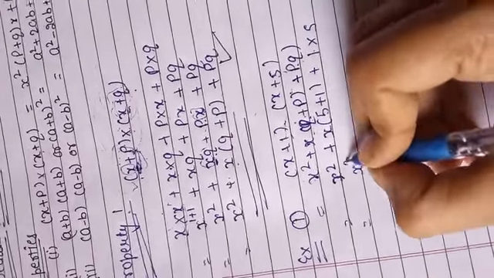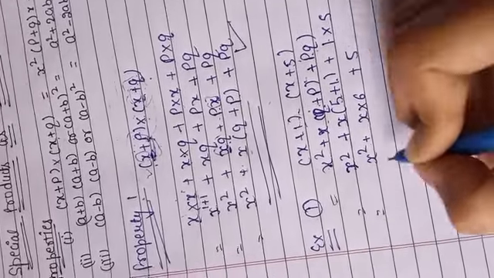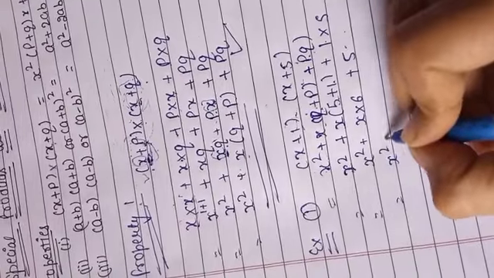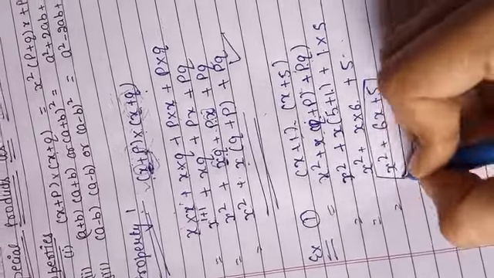So here we have x square plus x multiply 6, plus 5. So it becomes x square plus 6x plus 5. This is the required result.